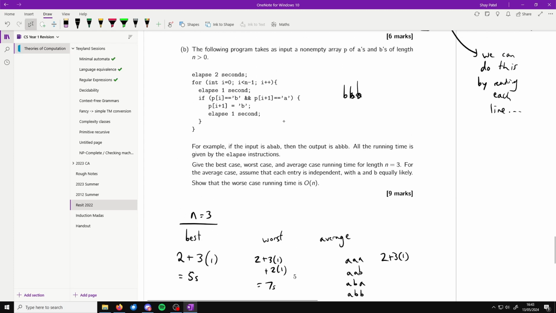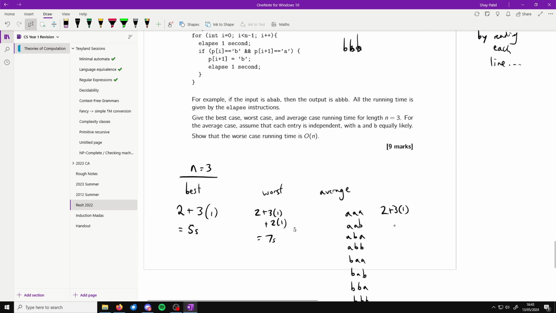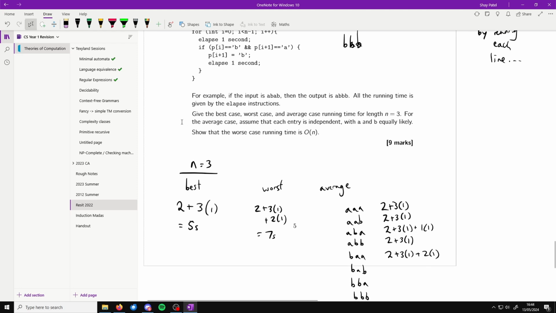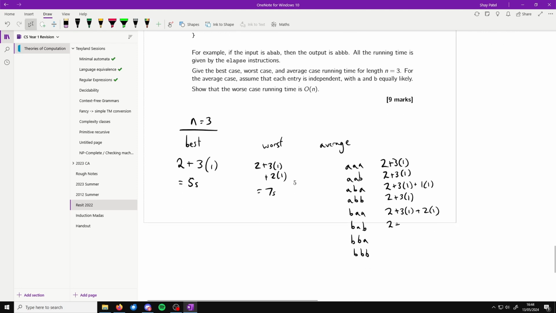If it's AAB, again, we don't go into the loop at any point, so it's 2 plus 3 times 1. ABA, we go into the loop once: 2 plus 3 times 1 plus 1 times 1. ABB is 2 plus 3 times 1. Here we don't go into the loop, because after the B there's no A's. Here, we go into the loop 2 times, plus 2 times 1.